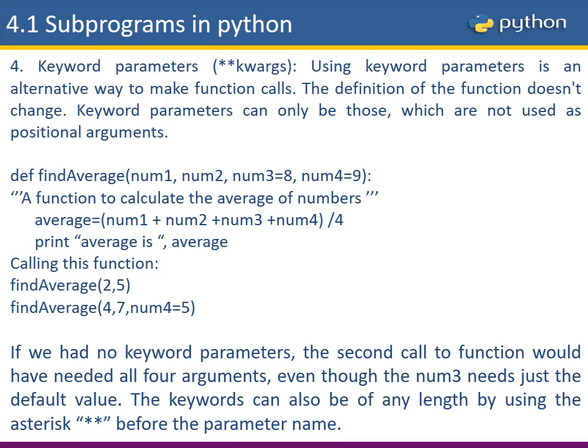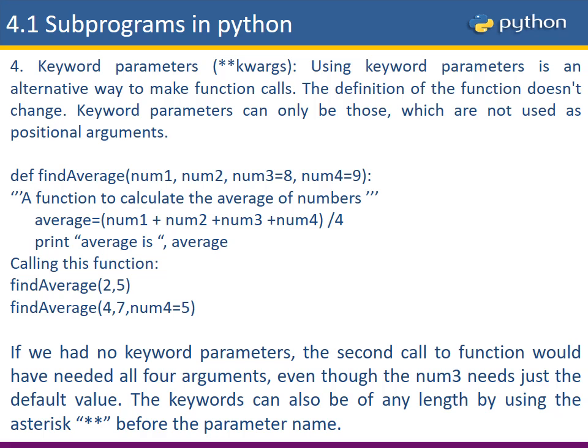Calling the function find average 2 5 uses the default number 3 to be 8 and number 4 to be 9. So we use number 3 to be 8 and number 4 to be 9 as our default values. And find average 4 7 changes number 4 to be 5.